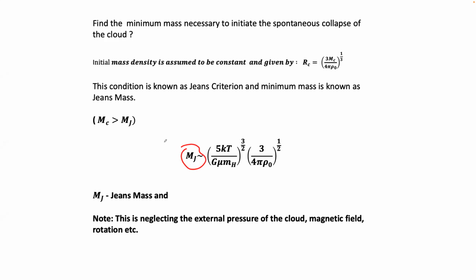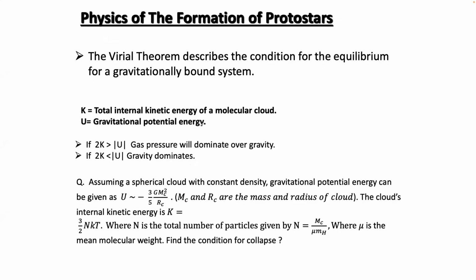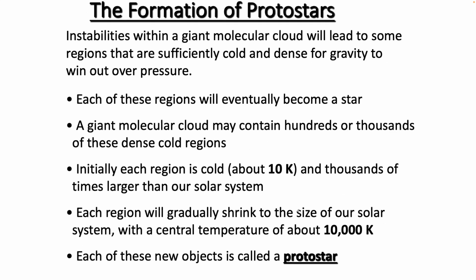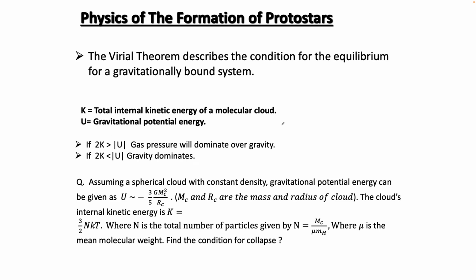If you plug these values properly into this particular condition right here, 2K less than U, you are given the value of K, that is 3/2 N k T, and N is given here as well, M_C over mu m_H. So all you need to do is, if I just show you, you have 2K less than U, right?